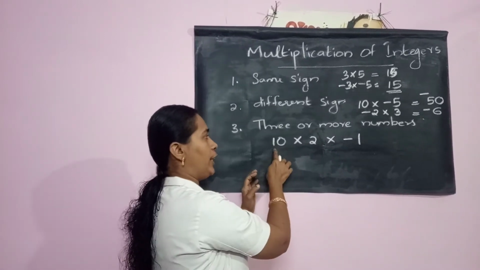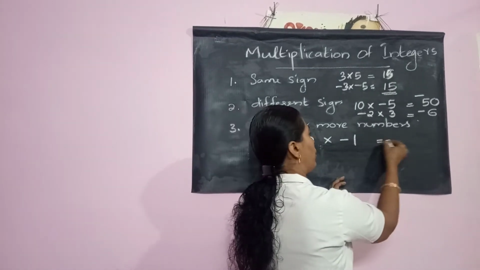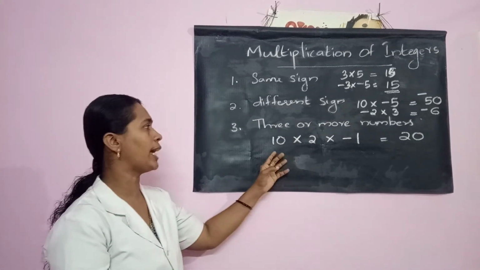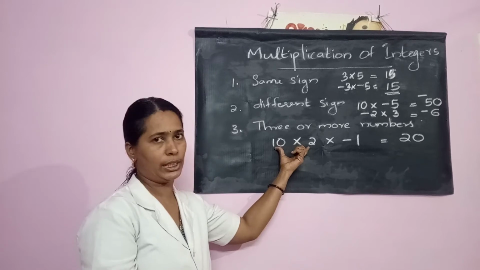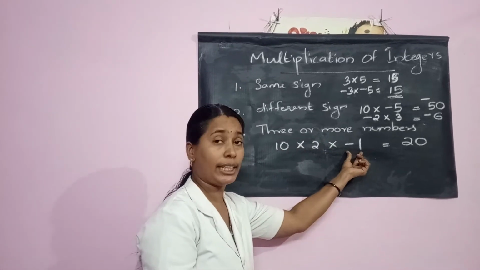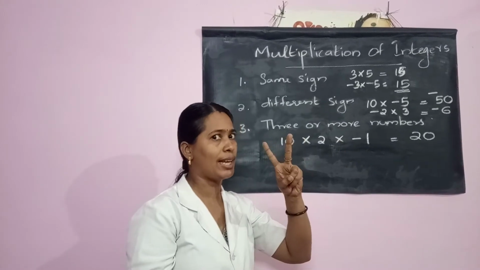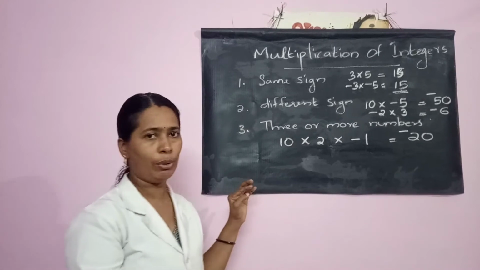That is, 10 into 2 will give you 20. 20 into 1 will give you 20 itself. Now think about the sign. These two are positive, so the product is also positive. But this one is a negative sign. So positive and negative, different signs are there. So what we have to keep? Minus 20 we have to keep.